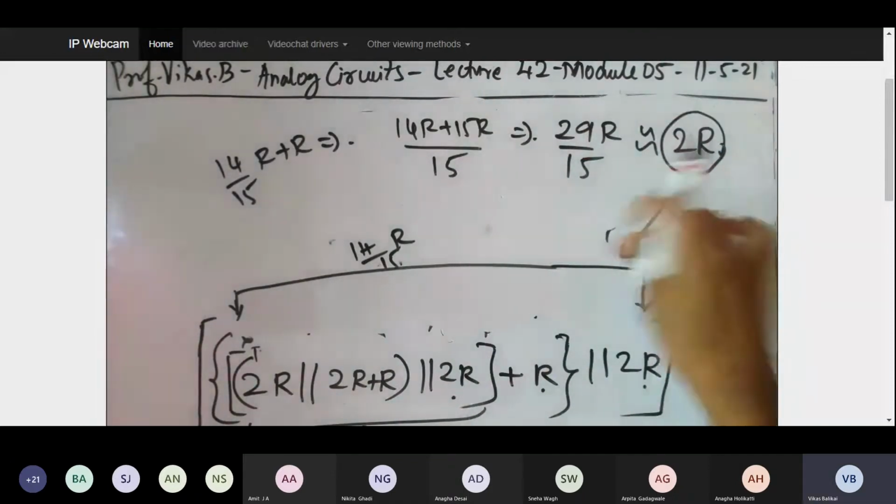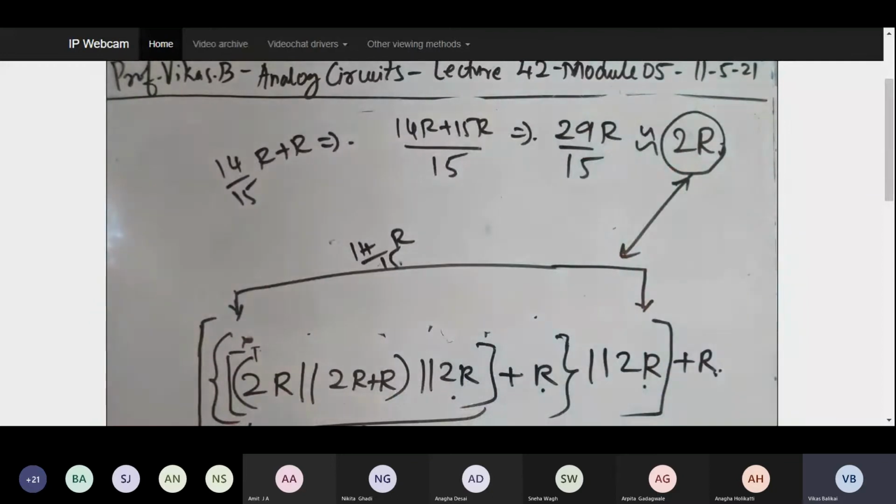I hope I have clarified the doubt with respect to yesterday's topic, and that's the reason I took it up. The first time, when I do the simplification, I need to apply the Thevenin equivalent theorem to find the Thevenin equivalent resistance. So this is the procedure I obtained. Once I get it, I have to do the simplification. You don't need to do the simplification.